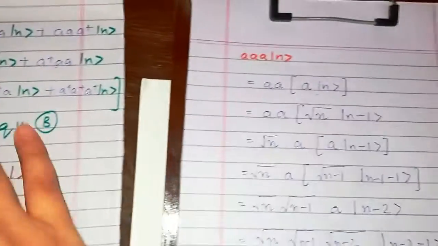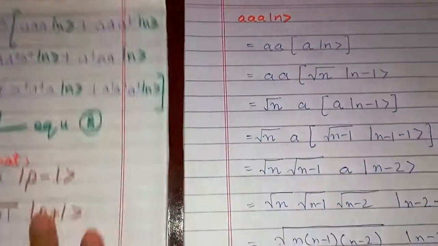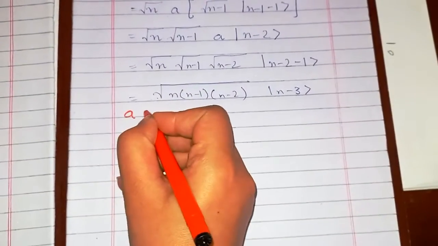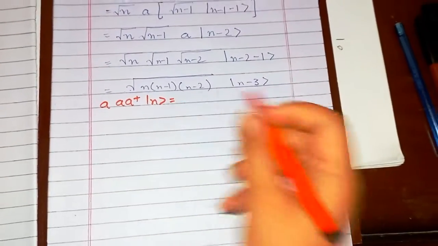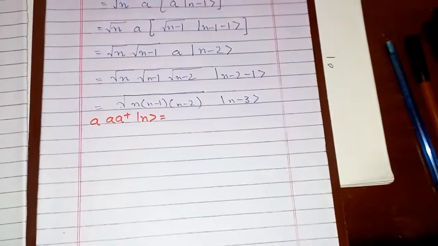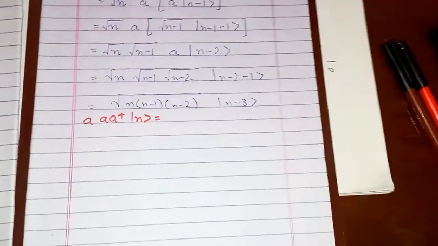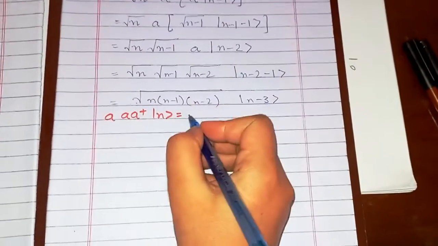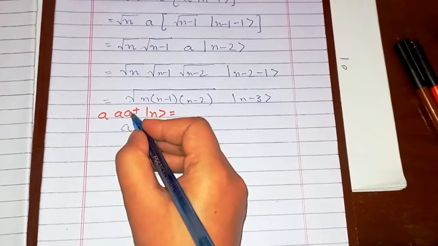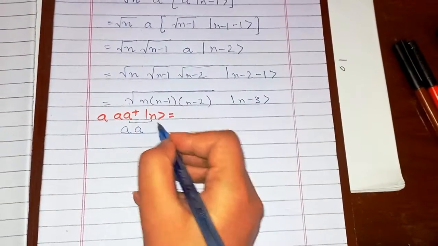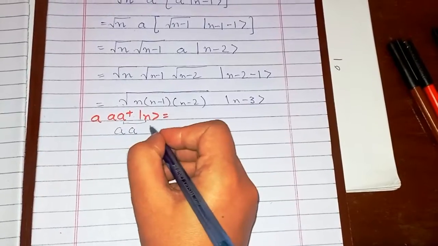Now the second term is a plus ket. Once we are comfortable with applying these kets, I'll speed up the process because there are many terms that we need to calculate. Let's apply the operator a. This is the closest to the ket, so we'll apply a plus first.